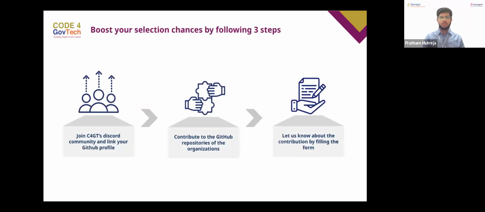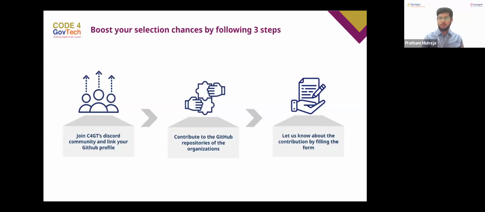So let's come to the question, which must be in minds of a lot of people, that how do we boost our selection chances in DMP now that the applications are not open yet? So how to boost your application selection chances? You can first join the Discord community, and in the Discord community, link your GitHub profile with Discord.